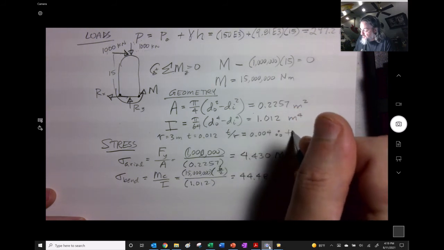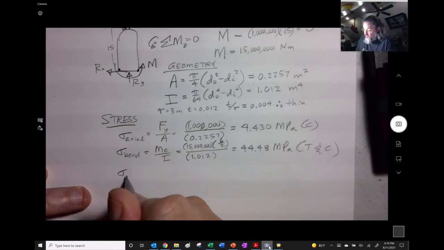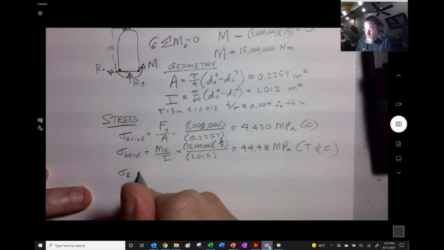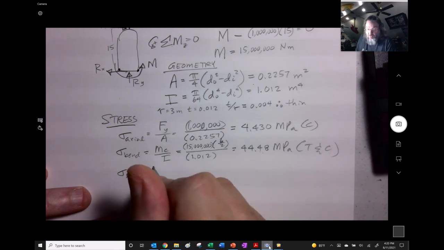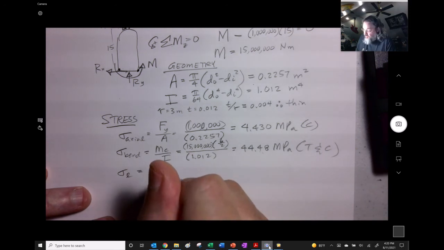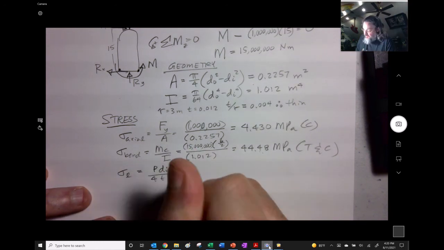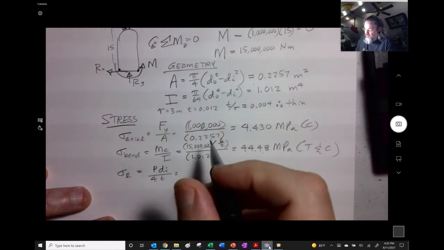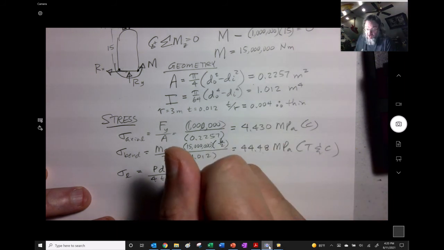Therefore, this is thin. And so now for the longitudinal, I'll just write this L right there, it's going to be P DI divided by 4T. Does that DI really matter? I went ahead and used 6 meters. But let me see, I'm going to calculate this out.